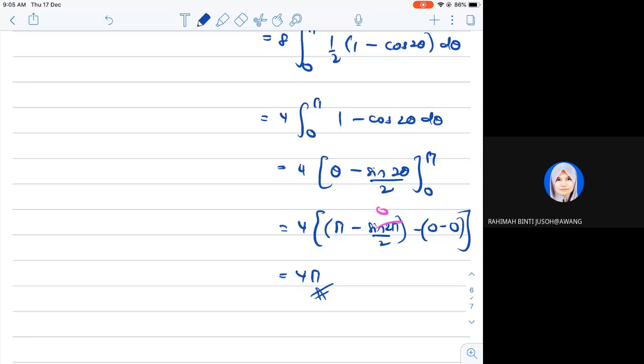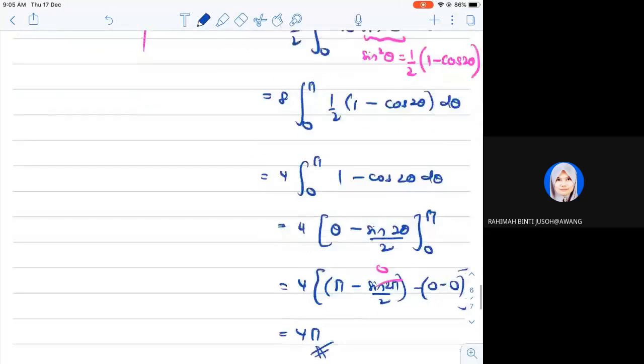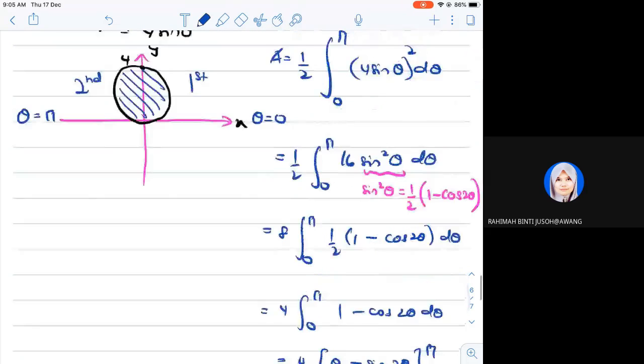Guys, in the final exam, actually you can double check your answer by using the formula of area for a circle. During my lecture yesterday, one student asked me whether she can use the formula of area for a circle. The formula of area for a circle should be like this, right? Pi r squared.